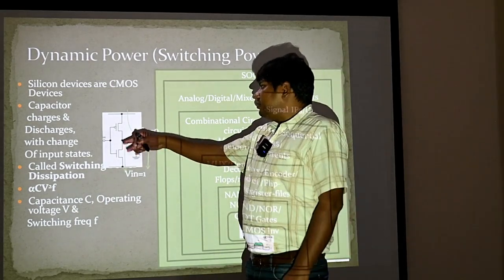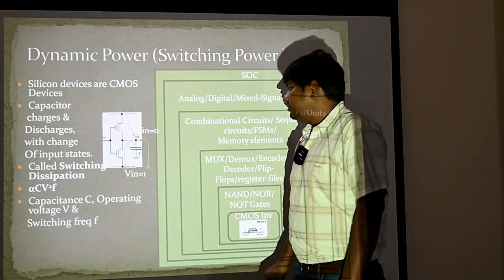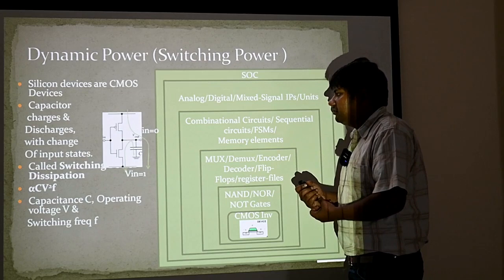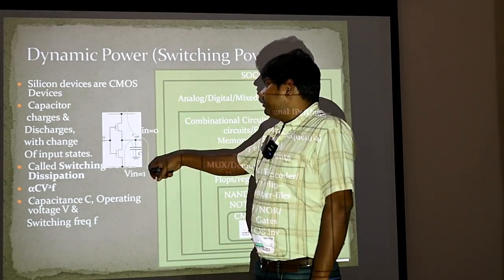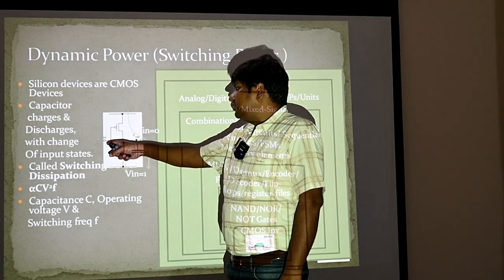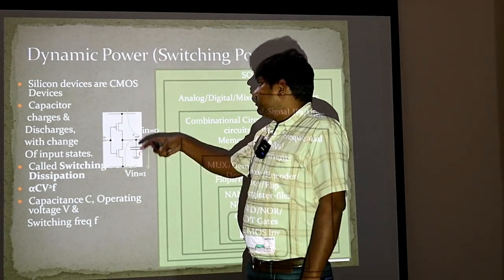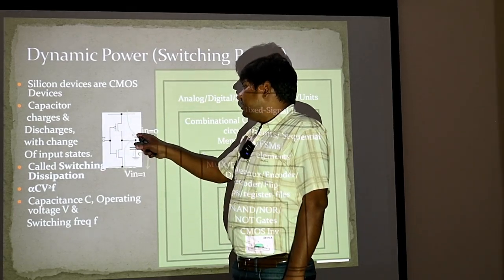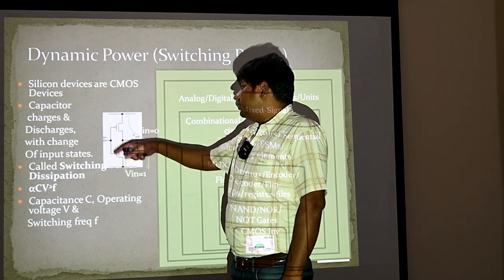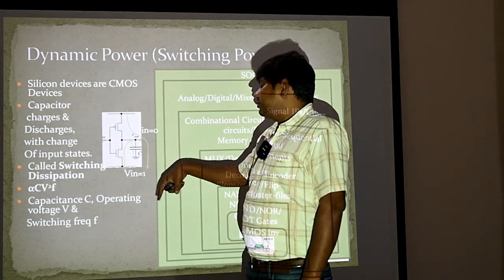So this is a CMOS, which is built of a PMOS and NMOS combination, right? You must have studied all this in basic engineering. So what happens here, when the input changes and accordingly the output changes, during that is the switching, right? And during that switching, in one state PMOS is on and NMOS is off, so the capacitor charges.